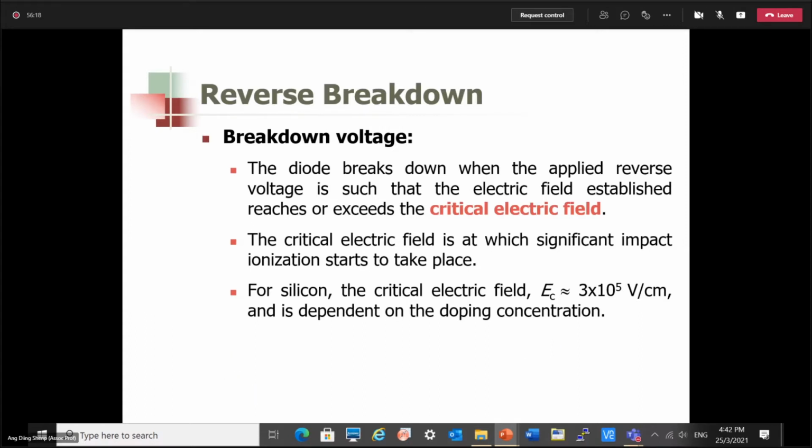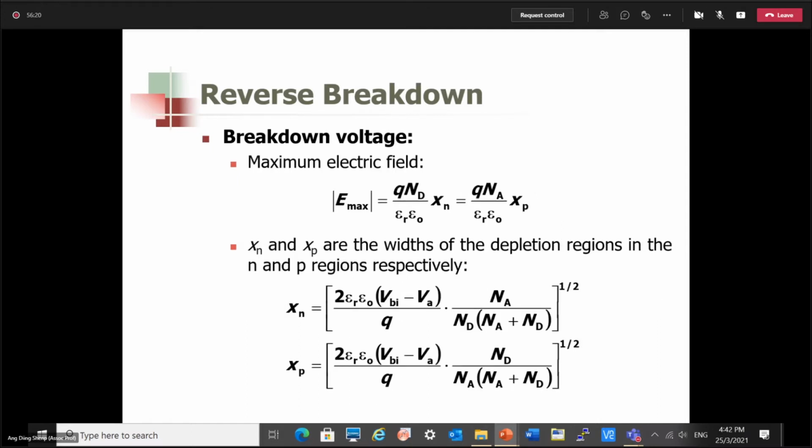Okay, so with this understanding, we can try to estimate the breakdown voltage that corresponds to avalanche breakdown. So recall that the maximum electric field within the semiconductor exists at the metallurgical junction and is given by this equation. Xn is the width of the space charge region within the N side, and Xp is the width of the space charge region within the P side.